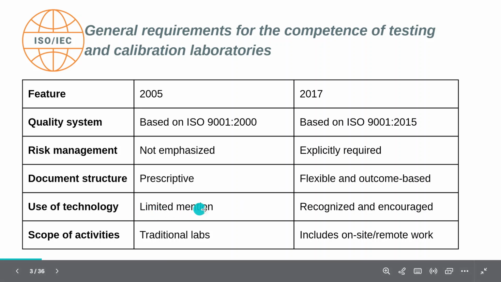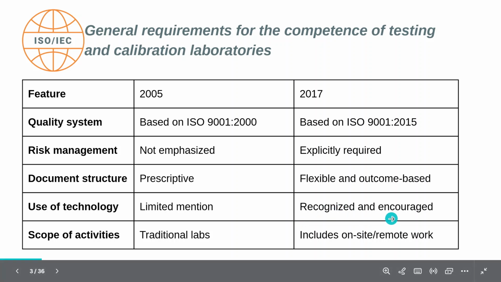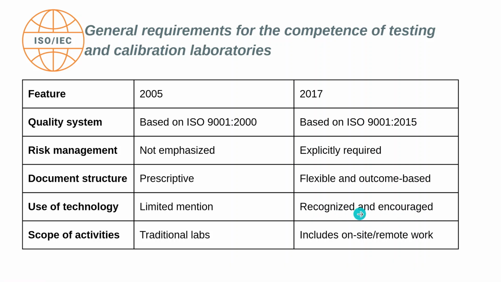The use of technology was limited in the earlier version, but now we can use any technology that we need, as long as it does not affect the outcome of the system. They also recognize the use of tools, and they encourage us. For example, earlier if you wanted to give a delivery challan or any other such paperwork, it can now be completely automated using software. There are a lot of software options available.